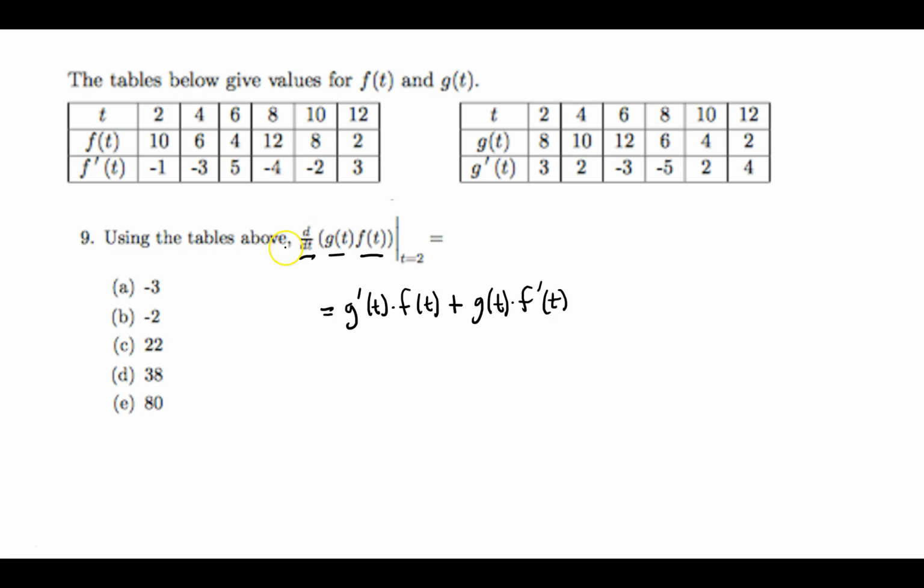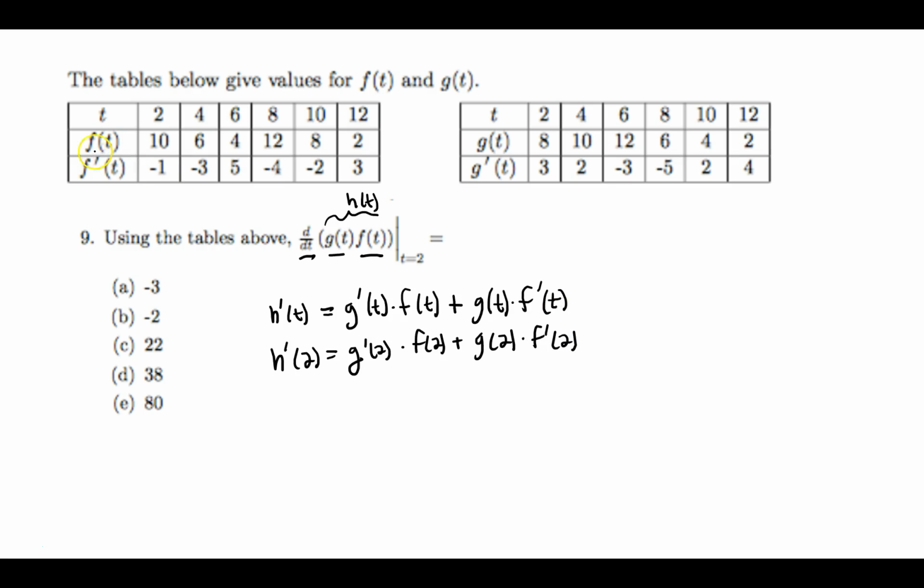So this function is called h of t. Now we have h prime of t, and what we're looking at is h prime of 2. So we have g prime of 2 times f of 2 plus g of 2 times f prime of 2.